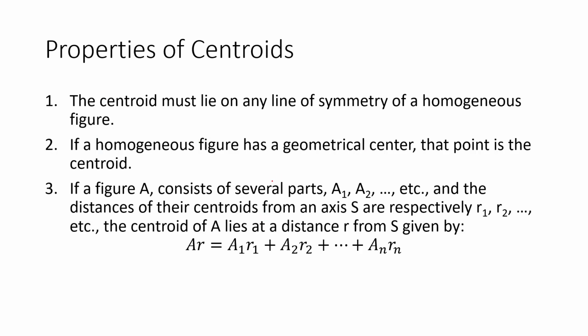Okay, so properties of centroid. The centroid must lie on any line of symmetry of a homogeneous figure. Usually in physics, we can solve for the centroid if the material is homogeneous. For example, your material is purely made of steel, or your box is made of wood, right?